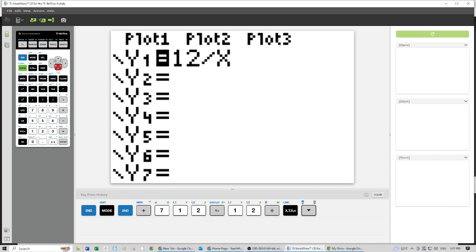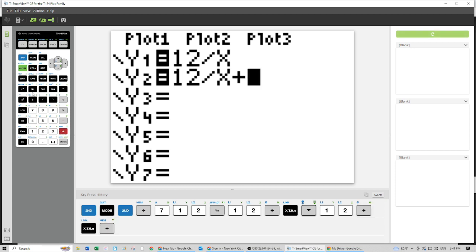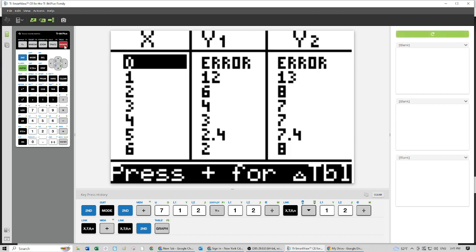Then I'm going to go to the next function, 12 divided by x plus x. That's it. This is the same procedure for all the examples. After this, I'm going to press second graph, which is going to take me to the table.